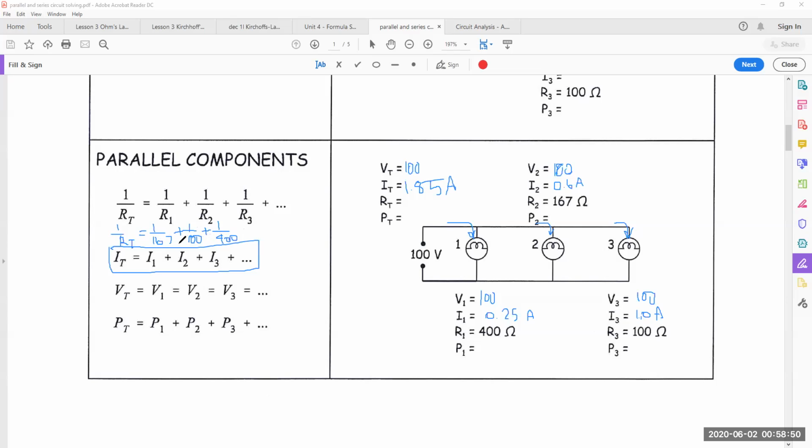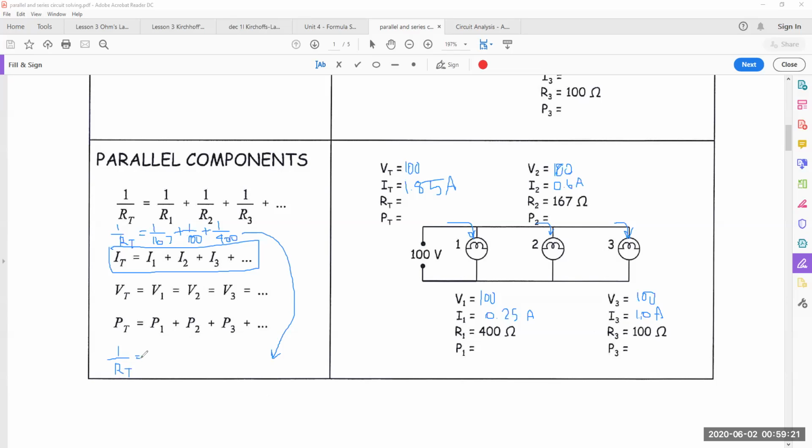So that's basically the crazy thing. And what I'm going to do is add them like that. I'm just going to put 1 divided by 167.